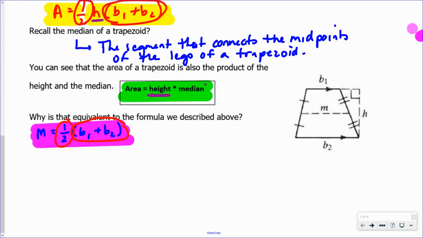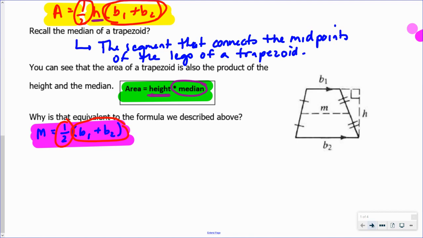And then the length of the median is replacing the 1/2 B1 plus B2. So that's why this formula works as well. So if you know the length of the median and you know the height, this gives you another option for finding the area of a trapezoid.